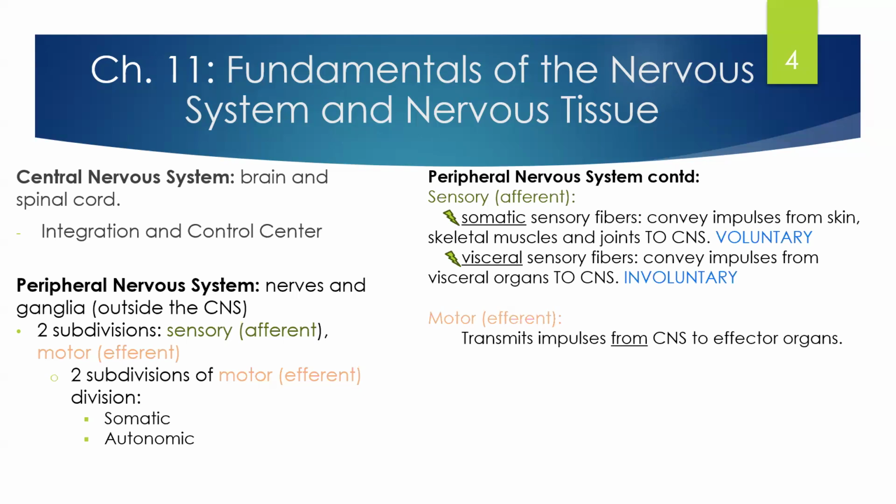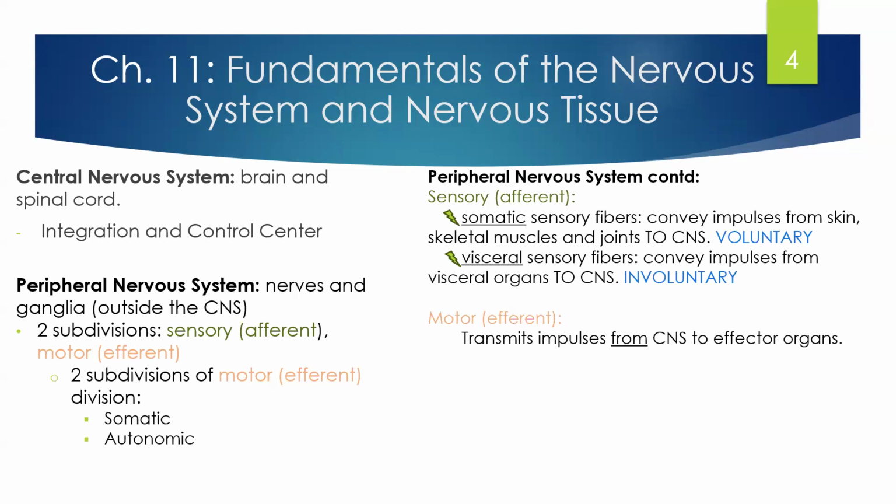And then within the motor system, we have 2 subdivisions of that division, so somatic and then autonomic. So again, central nervous system, brain and spinal cord, peripheral nervous system, sensory and motor, and then the motor has 2 subdivisions, somatic and autonomic.